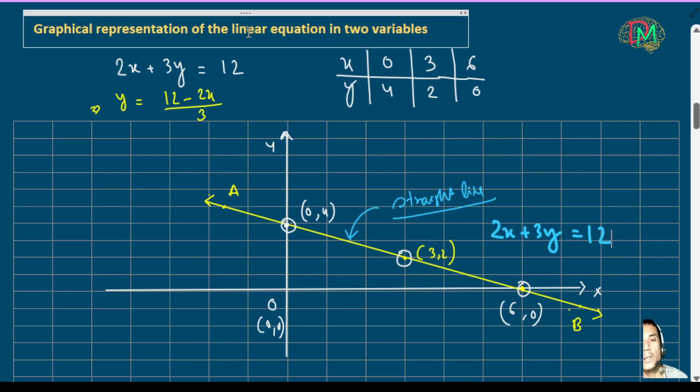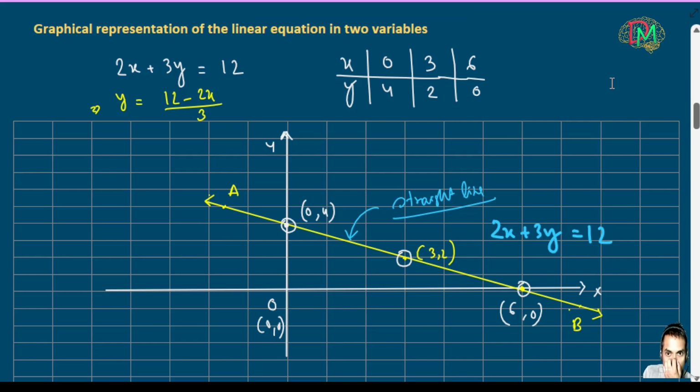So all linear equations in two variables represent a straight line. This way we can find the graphical representation of any linear equation in two variables. Clear?